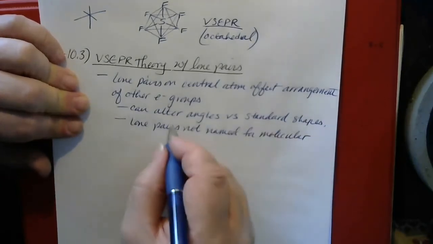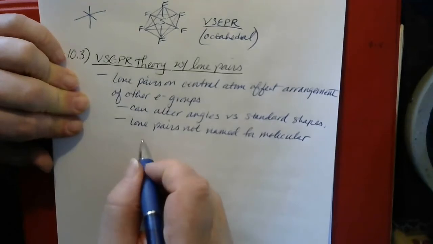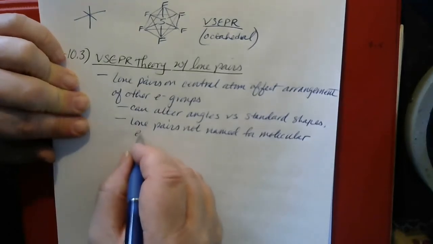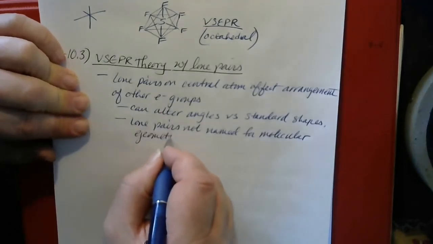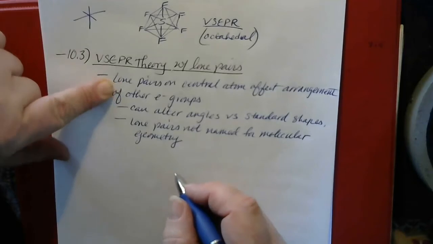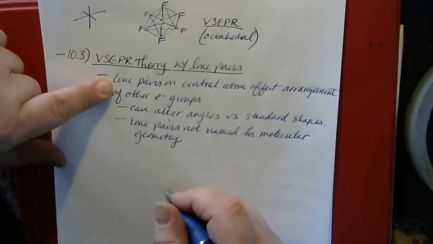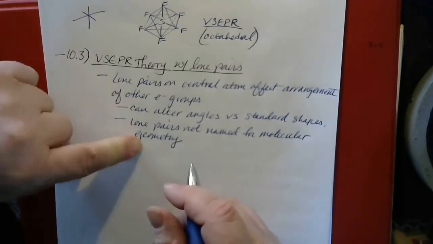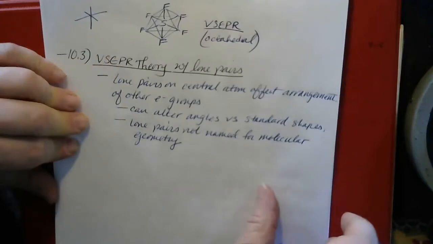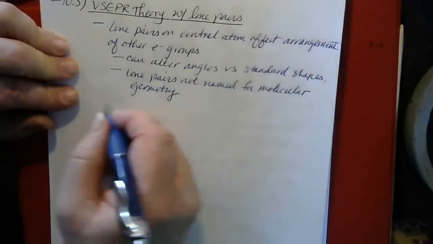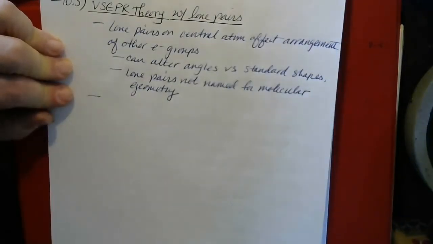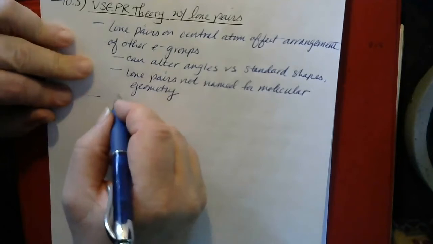And there's also the fact that lone pairs are not included in molecular geometry. But they affect the positions of bonding pairs, which is where the atoms are. So we do need to consider lone pairs when coming up with molecular geometry. So there's these two terms that we have to distinguish from each other.